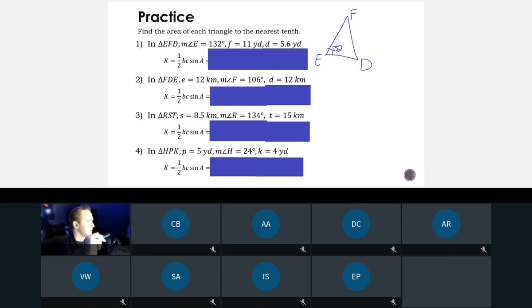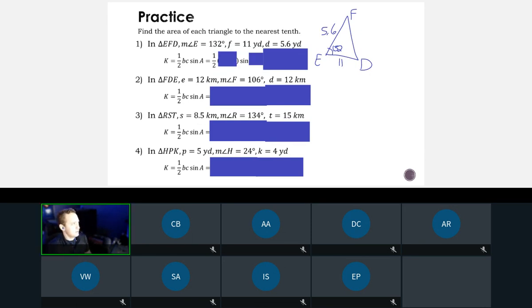Side F, remember, is opposite of angle F. So that's your 11. And side D is opposite from angle D. So that's 5.6. So we have your two sides, and the included angle is 132. So we have the two sides plugged in, and the included angle is 132.